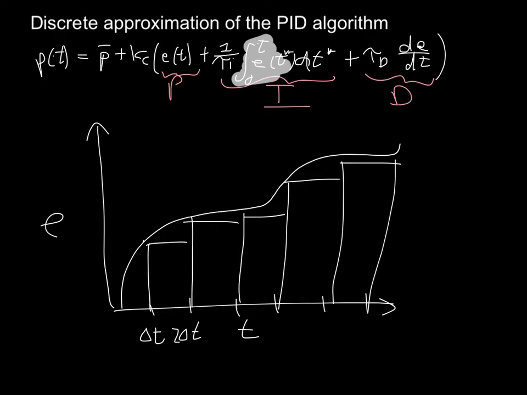So at the sampling points, each one of these, this would be e k, and this would be e k plus 1.